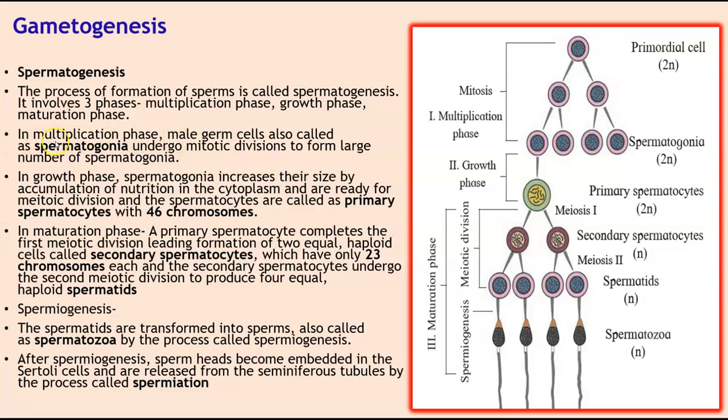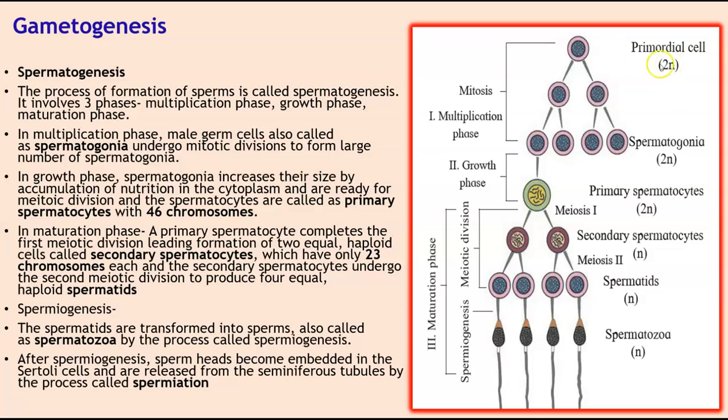The first phase is the multiplication phase, where the male germ cells, also called spermatogonia, undergo mitotic divisions to form a large number of spermatogonia. So what happens in the multiplication phase? Have a look at this image here.